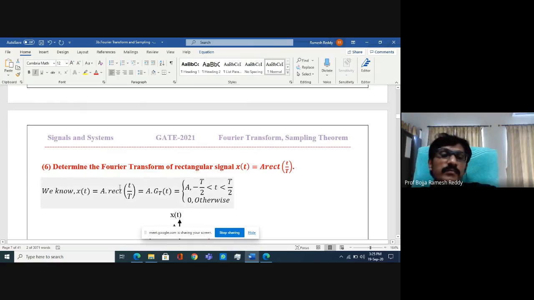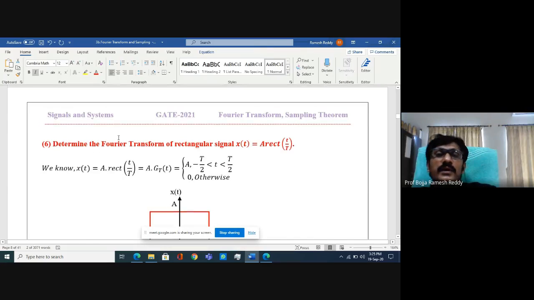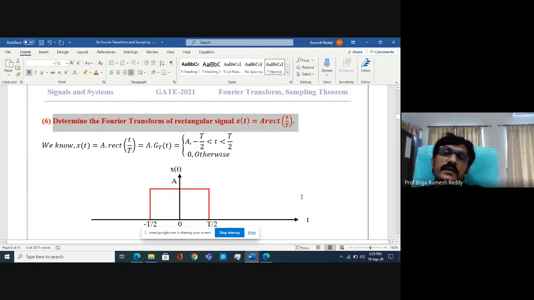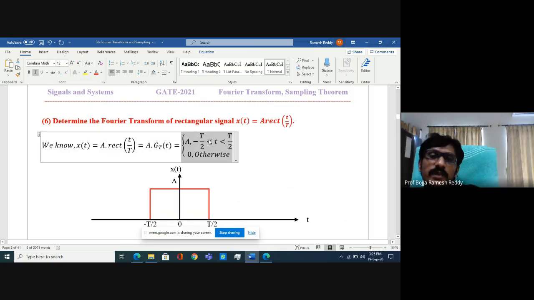Now, another important question is the rectangular signal. Determine the Fourier transform of a rectangular signal. The rectangular signal is defined like this: A rect of t by capital T. Its amplitude is capital A between minus T by 2 and plus T by 2.